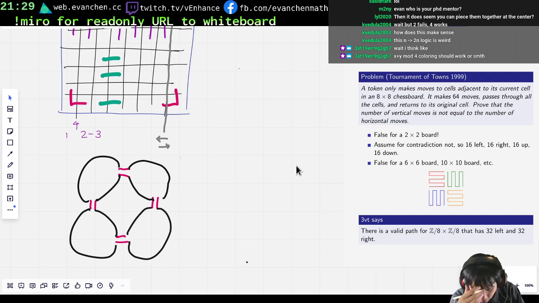Okay, that doesn't work if I do it that way. How do I merge that into a single loop?